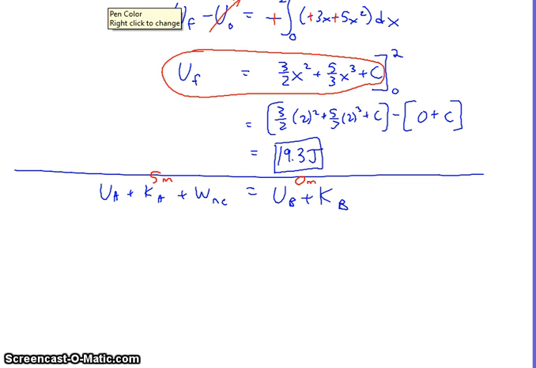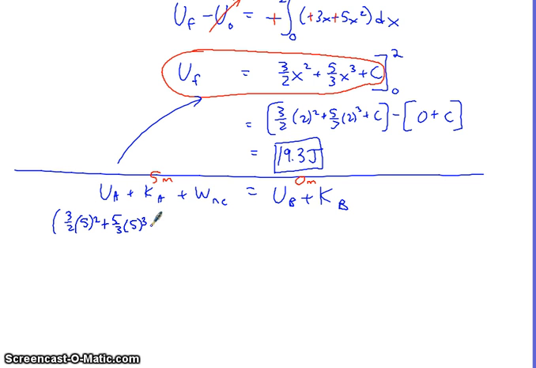So at A, I'm going to use the potential energy equation that we got up here: 3/2 x squared. Whoops, I wanted to put in that 5. 3/2 times 5 squared plus 5/3 times 5 cubed plus c. That's the potential energy at A. And what about the kinetic energy there?